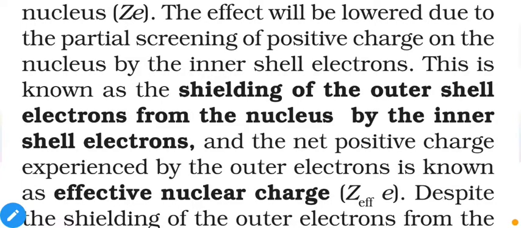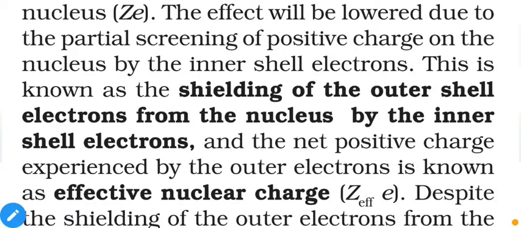This is known as shielding of outer shell electrons from the nucleus by inner shell electrons, or in short, the shielding effect. When inner orbital electrons shield or cover the positive charge of the nucleus for outer orbital electrons, it is called the shielding effect. Due to the shielding effect, attraction towards the outermost electrons decreases, and removal of an electron becomes easy.